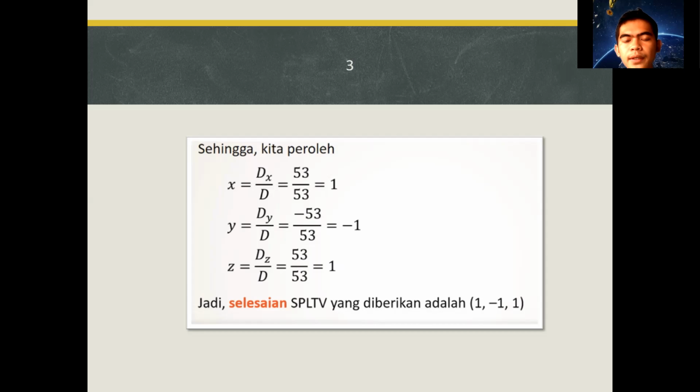And y equals determinant y over D, equal to minus 53 over 53, which is minus 1. And the last, z equals determinant z over D, equal to 53 over 53, which is 1. So the result of the linear system of three variables is 1, minus 1, and 1.